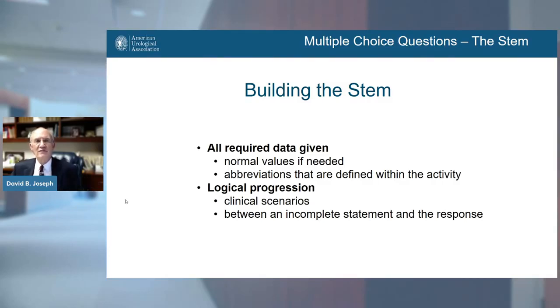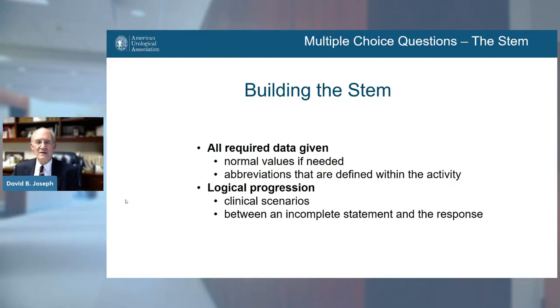When you're using abbreviations, make sure that that abbreviation is clearly defined in the activity that you're assessing. Don't use an abbreviation that's very common to yourself, but not available in the learning activity. And then clinical scenarios in your stem should follow a very common logical progression. And if you're doing it, it could be the start of their clinical problem to bringing up to present day.